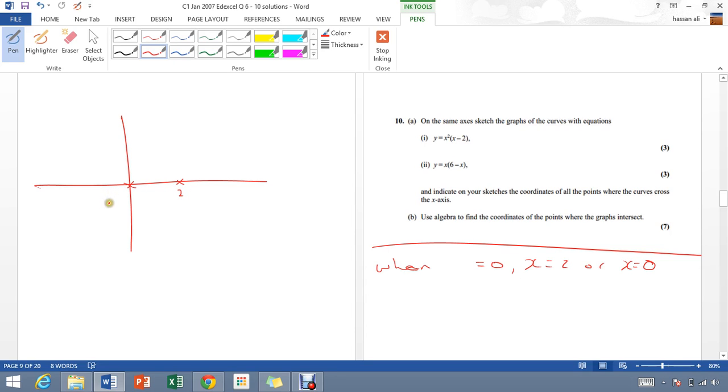Now remember it's a cubic, and it's a positive cubic, so my line starts from the bottom here. You're going to have 2 curves, so your line comes from here, crosses here, and then we'll go back up, like that. So that's for the equation y equals x squared (x minus 2).